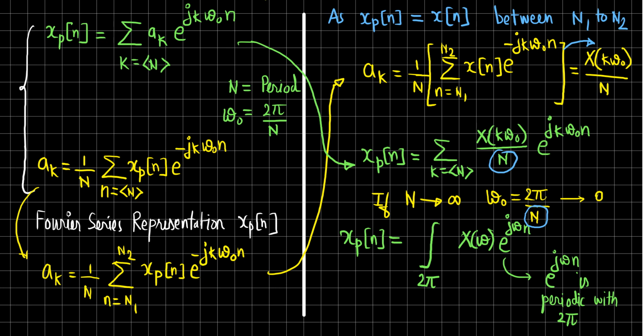So this N can be replaced as 2 pi by omega. So 1 upon 2 pi, I will take it outside, and just because this omega is very small, I'm going to write that as d omega.